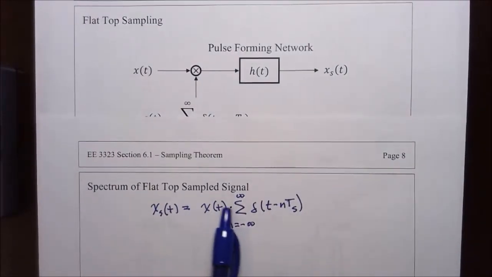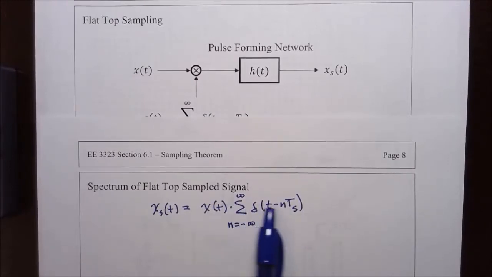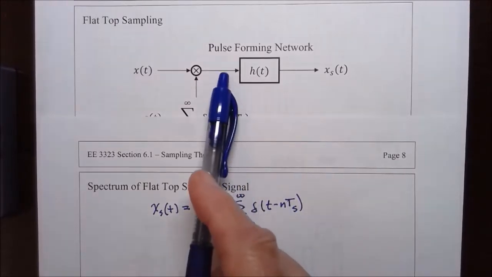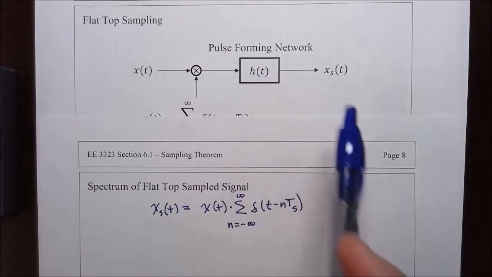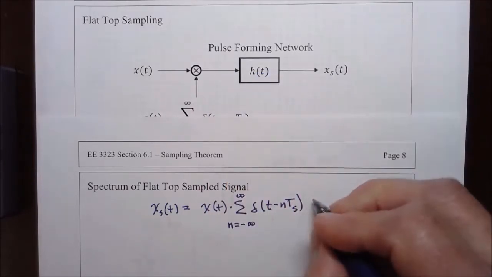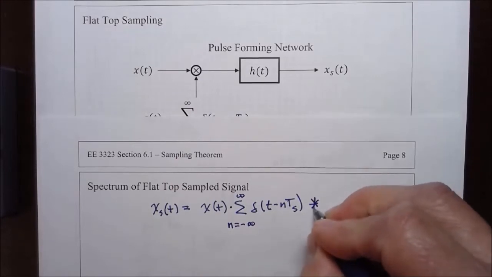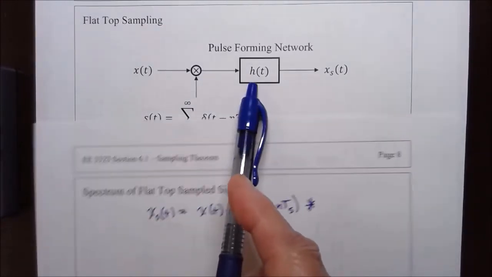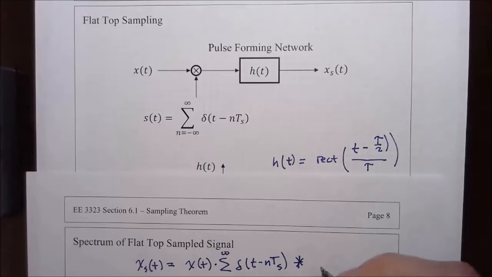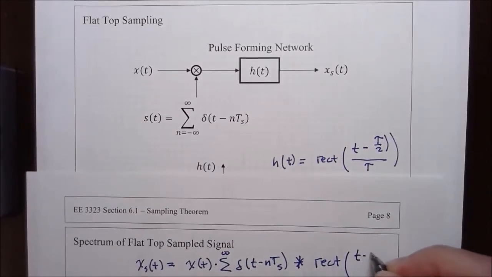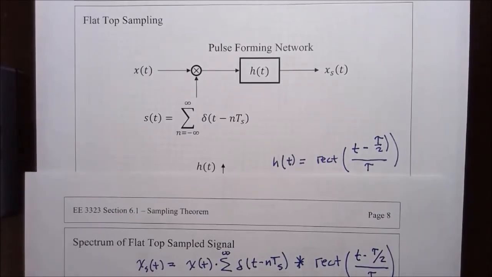This train of impulse functions is the input to this pulse forming network, and so the output is going to be the input convolved with the impulse response, which is rect of (t minus tau over 2) divided by tau.